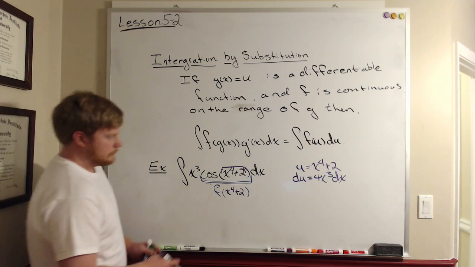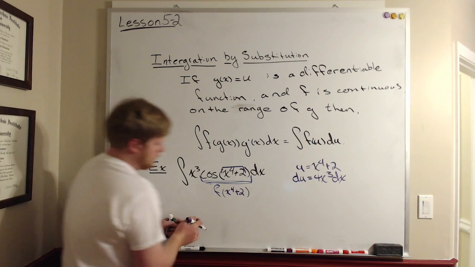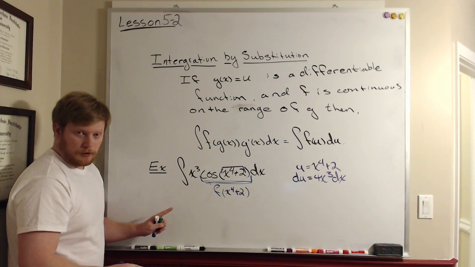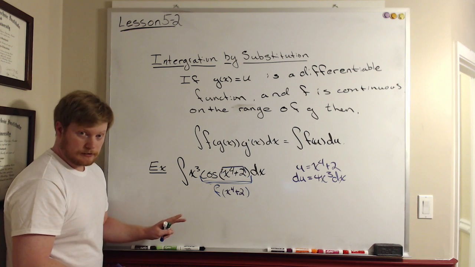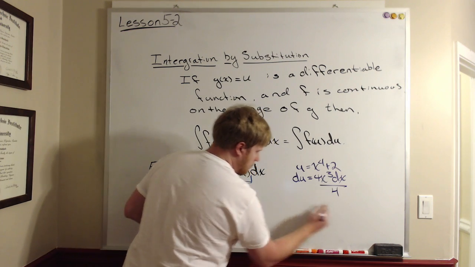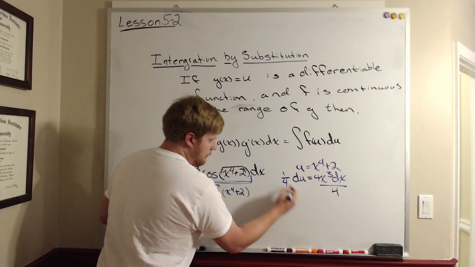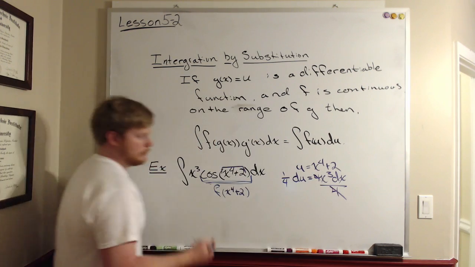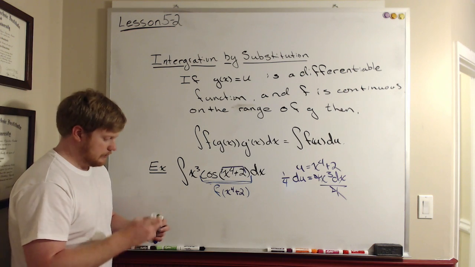Now, the x cubed dx shows up, but that extra factor of 4 doesn't. So to take care of that, we simply divide both sides by 4 and get 1/4 du is equal to x cubed dx.